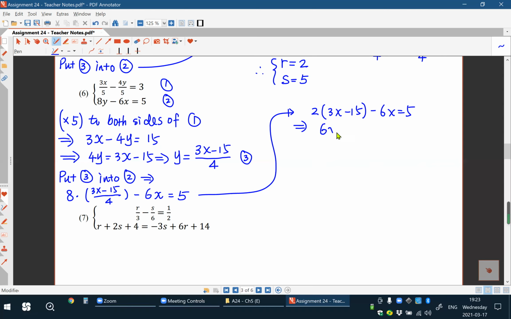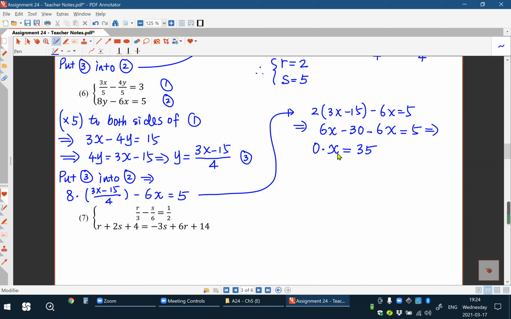That means 6x minus 30 minus 6x equals 5, right? 6x minus 6x means 0x, right? And if you put minus 30 to the other side of the equation, it becomes positive 30. So positive 35. That means 0 times something equals 35.